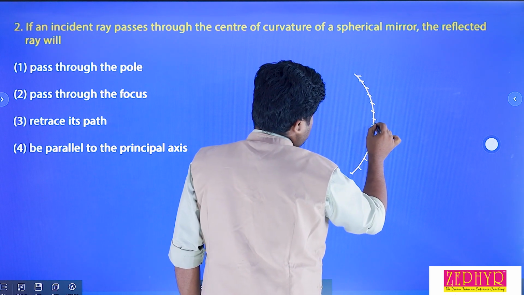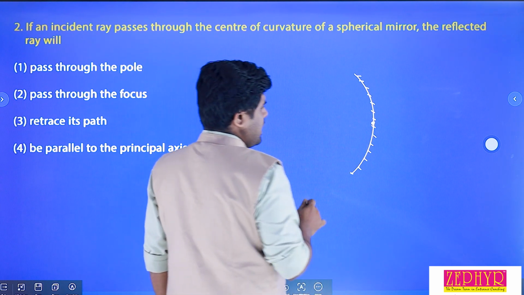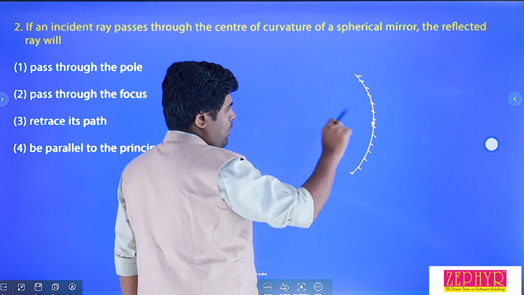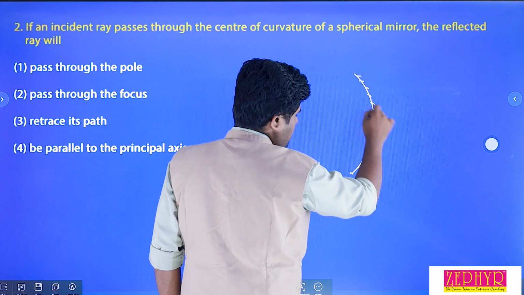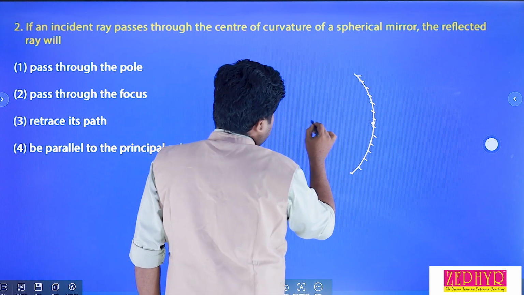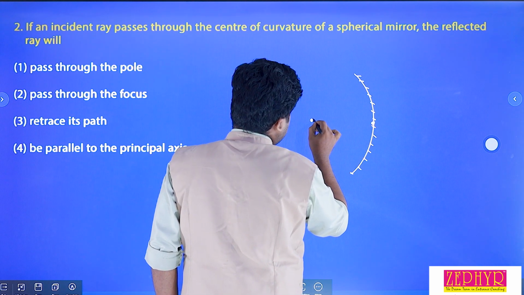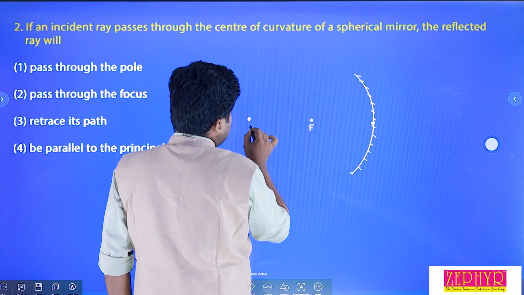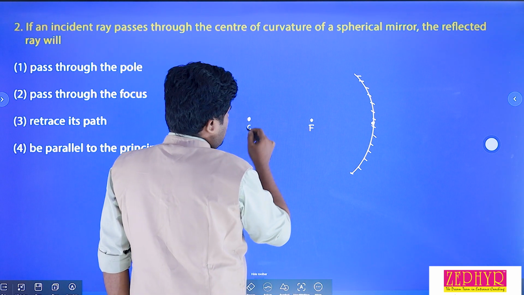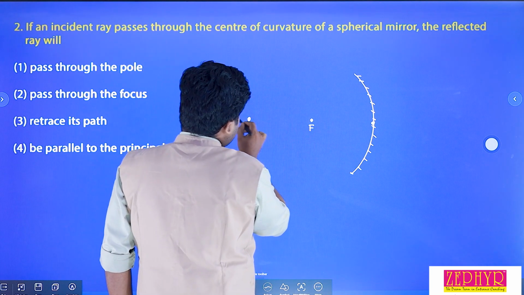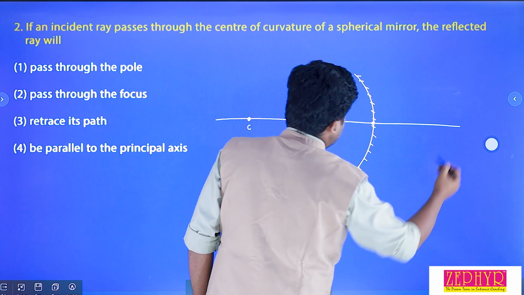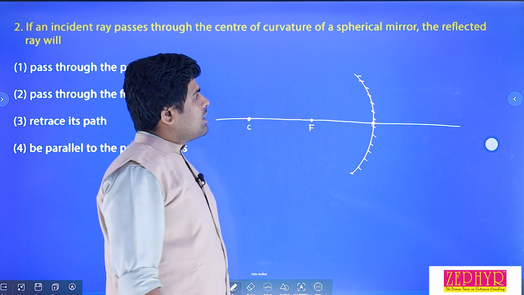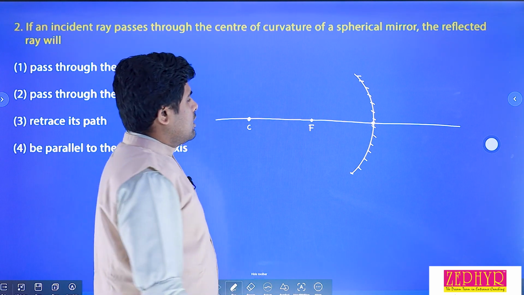This is the pole of the spherical mirror, the center point of the mirror, its focus is present here, and its center of curvature is present here. The line passing through the center of curvature and the pole of the mirror is known as the principal axis.